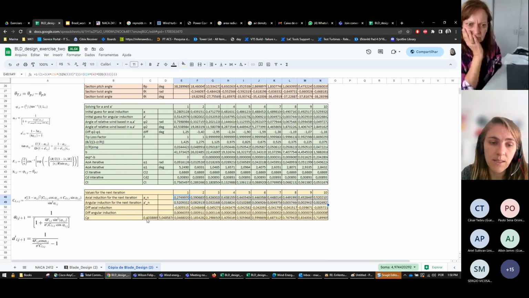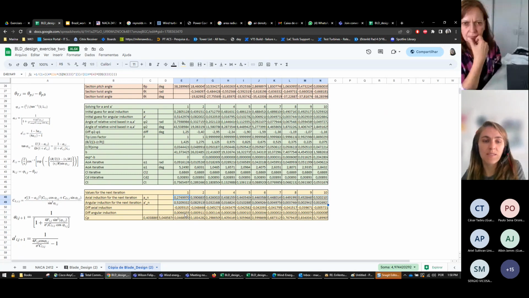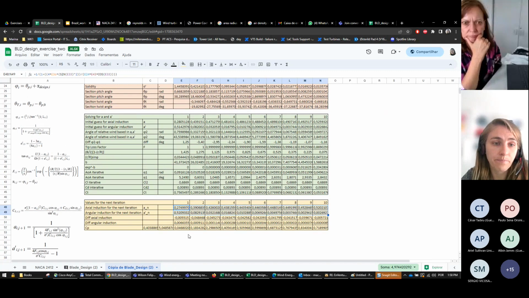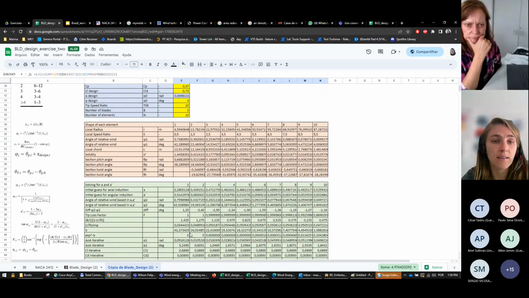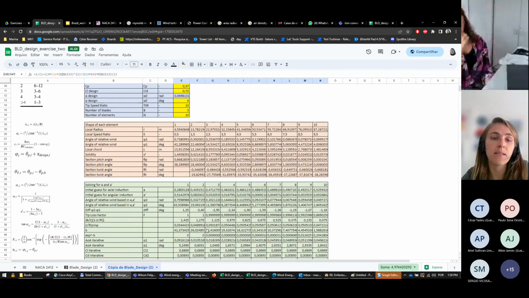Then we could see that the CP increased a bit. I think in four or five steps we could reach a feasible design. That was my intention with this exercise. We do one at a time. Then of course we could adjust the angle of attack or the CL to see if we can get better results.